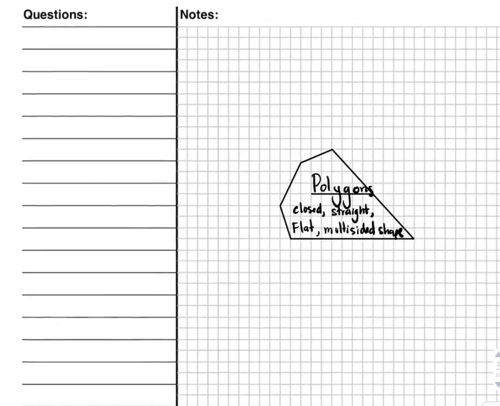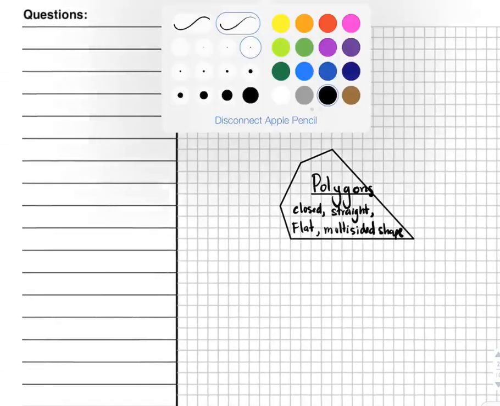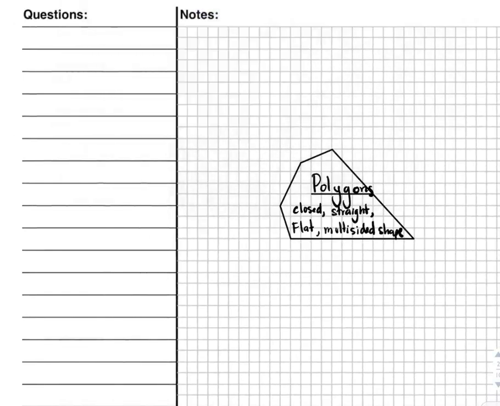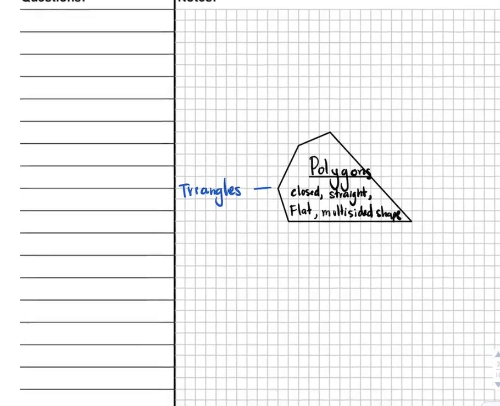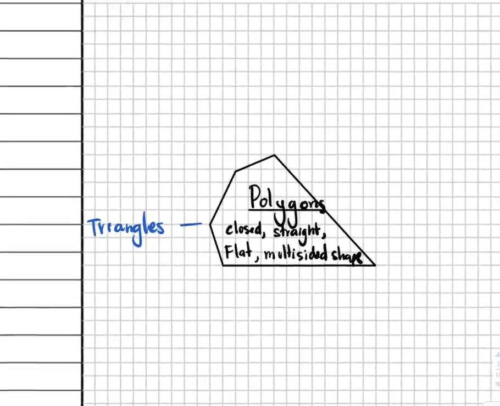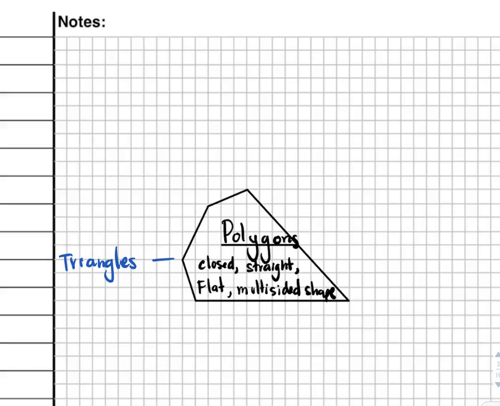All right. I'm going to do triangles off to the side, and I'm going to try and do this a little quickly. I'm going to do this in dark blue. So these are my triangles over here. I'm going to define triangles two different ways, by side length and by angles. The first one I'm going to do is by side length.